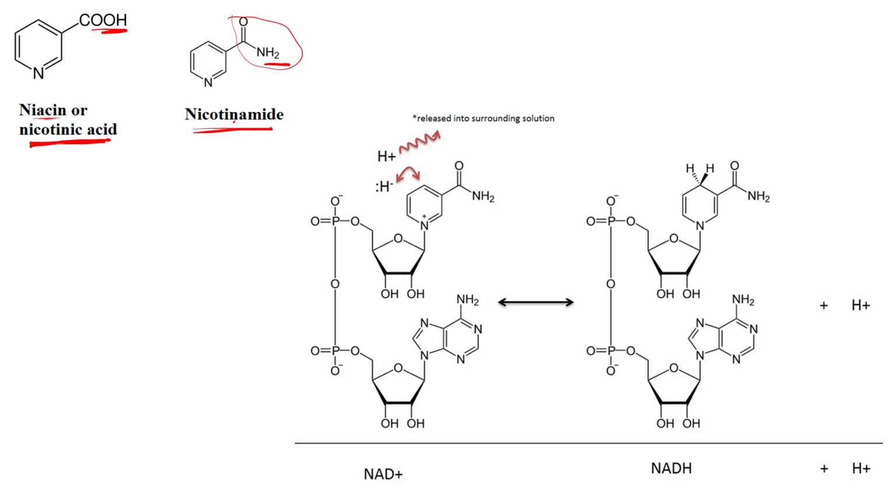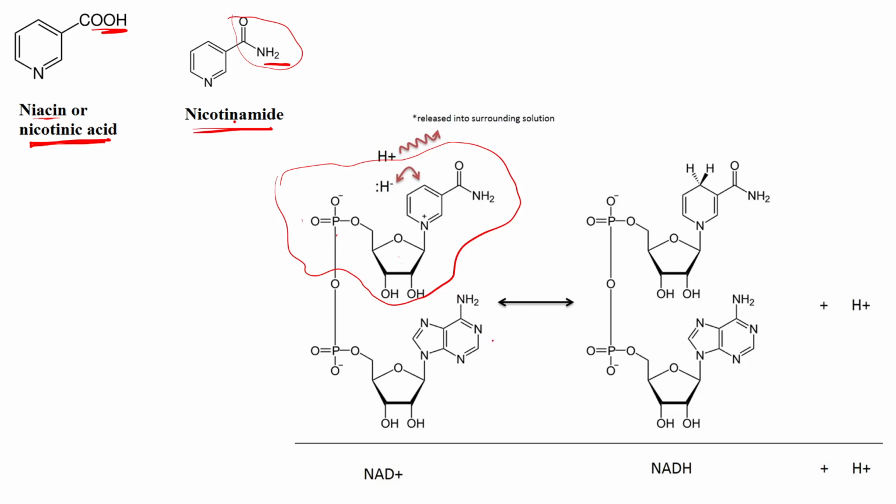Now this nicotinamide, when it is attached to a sugar and a phosphate, it becomes a nucleotide. This is one nucleotide: nicotinamide, ribose and phosphate.